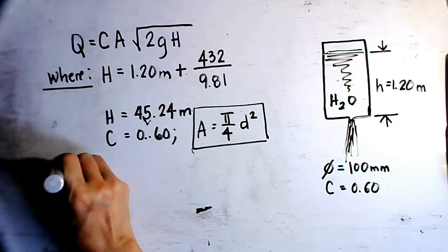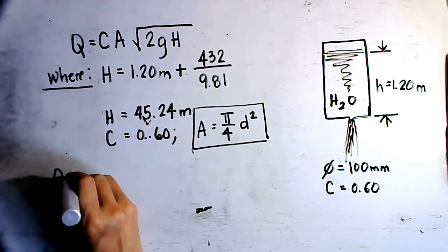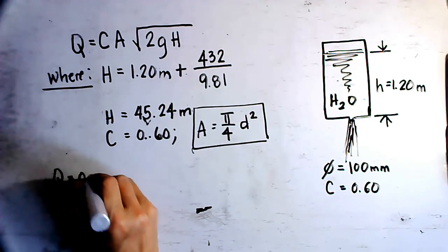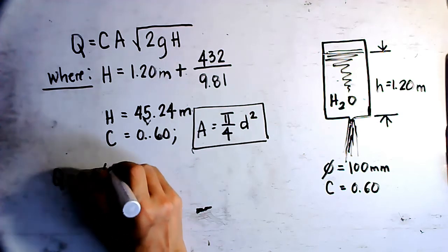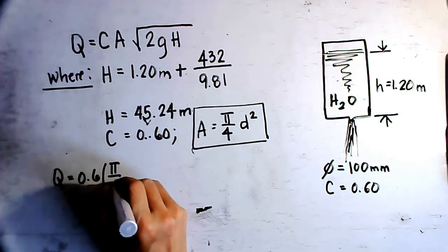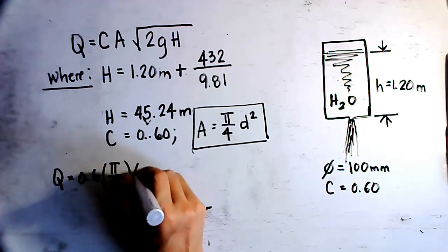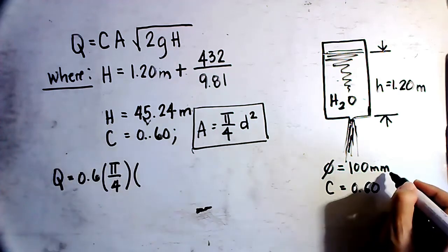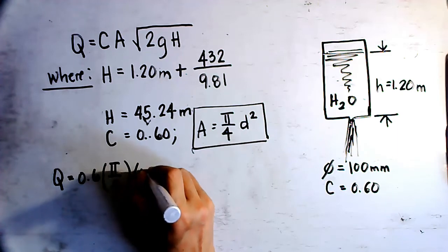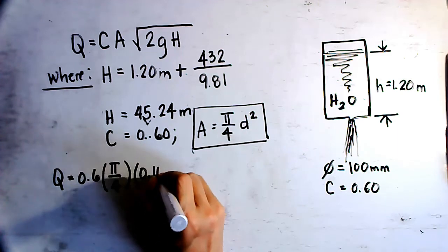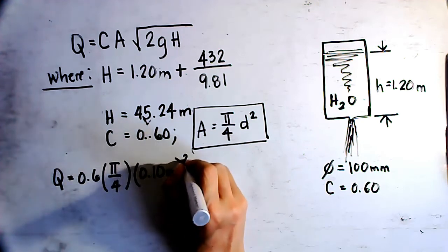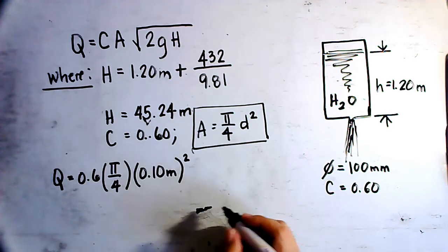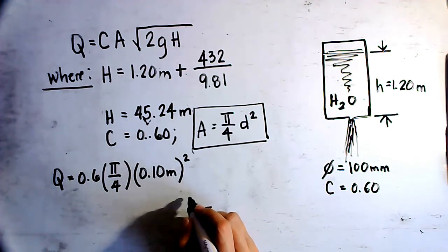So discharge will then be equal to 0.6, which is the coefficient of discharge. We multiply it by the area, pi d squared over 4, and the diameter is 100 mm. If we convert that to meters to be consistent with our units, we use 0.1 squared.